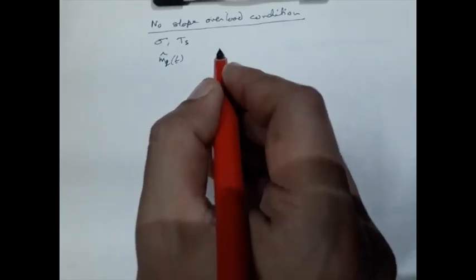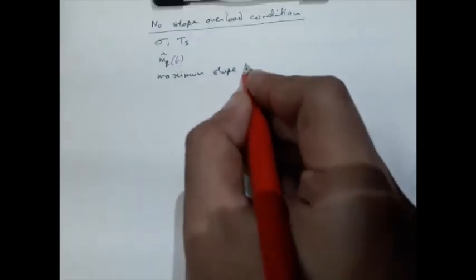As we have said already, sigma is the step size and Ts is the sampling time interval. So m_q(t), that is the integrator output, is capable of changing by an amount of sigma.